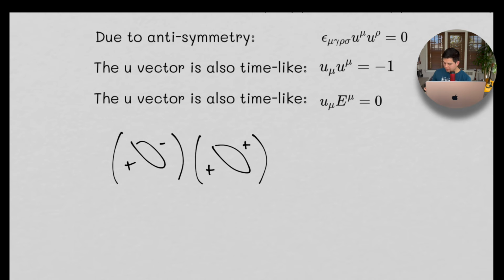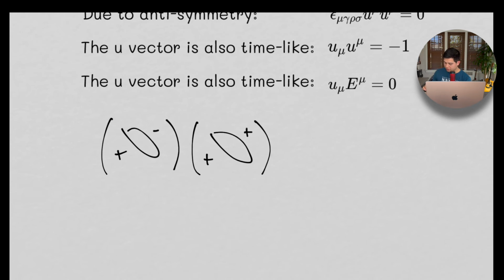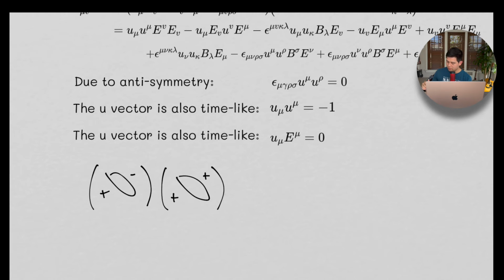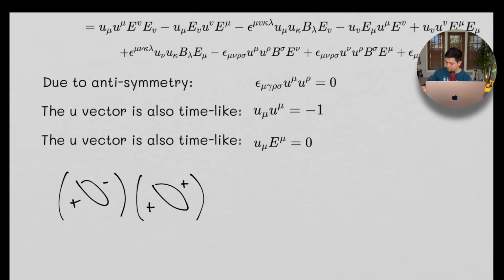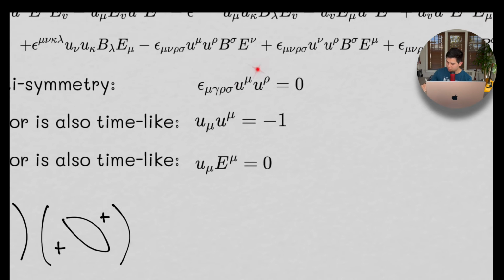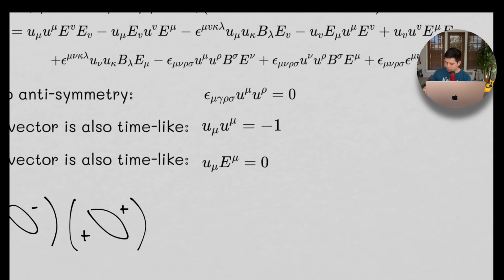I'm not going to go into a huge calculation on this. It might be interesting to do that just to prove this. But the idea here is that when you have something anti-symmetric multiplied by something symmetric, it gives you 0.